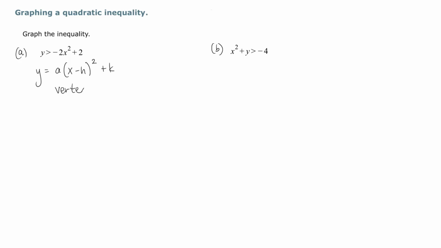The vertex is actually (h, k). So why don't we take this and put an equal sign for now. That way we know we're going to graph a parabola. It's actually going to be a dotted parabola.